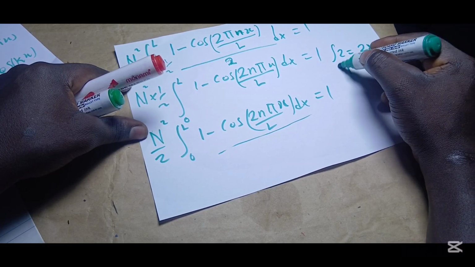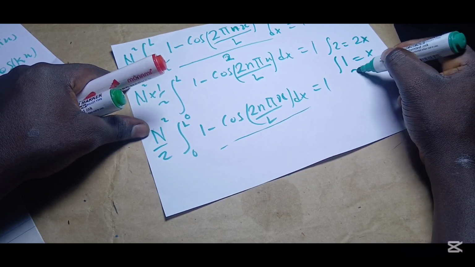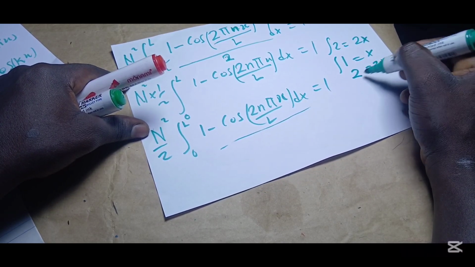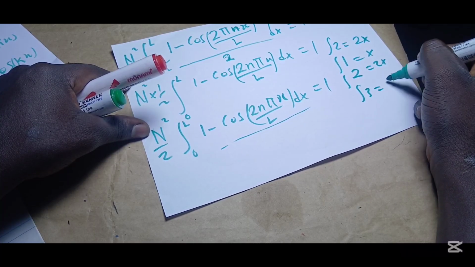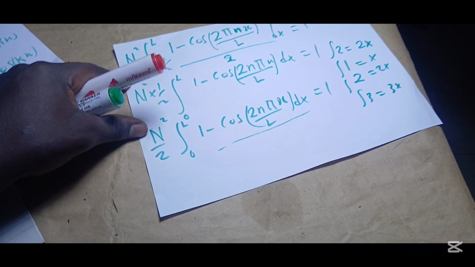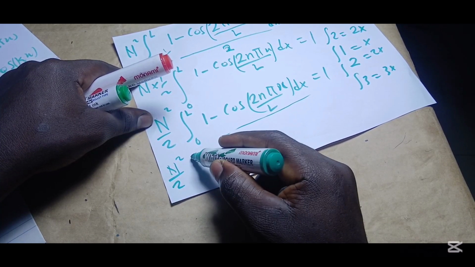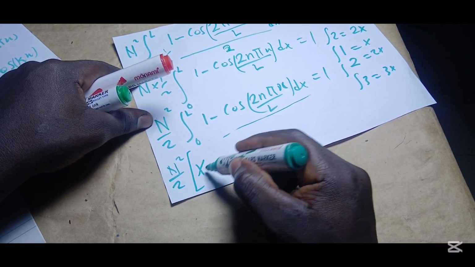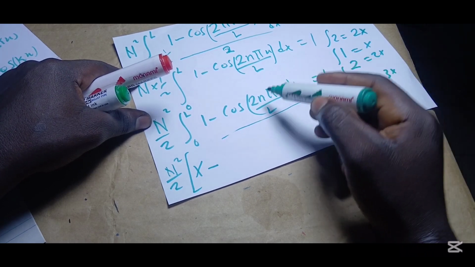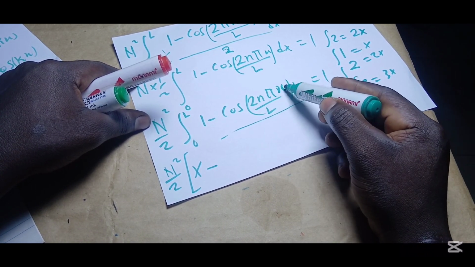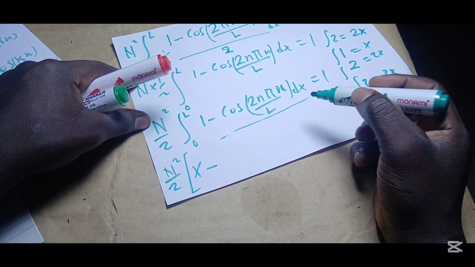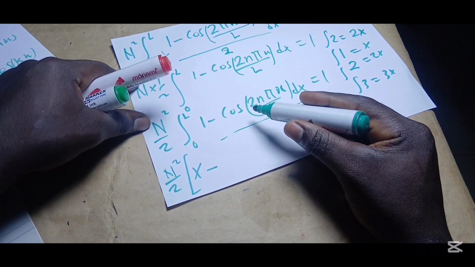So if you integrate 1, you are going to get x. Integrate 2, you are going to get 2x. You integrate 3, you are going to get 3x, right? So now integrating 1 here gives us x minus the integral of cos 2n pi x over L. What do we get? If we integrate cos, we get sine, right?